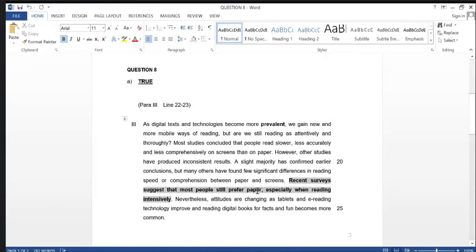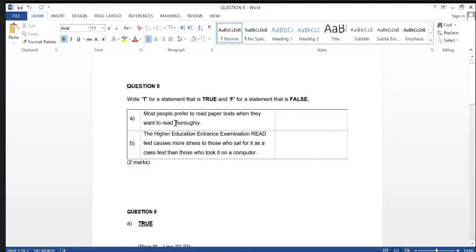The idea is here. Okay, recent surveys suggest that most people still prefer paper, especially when reading intensively. The word reading intensively is replaced with the word to read thoroughly. Even the structure of the sentence has changed a bit.